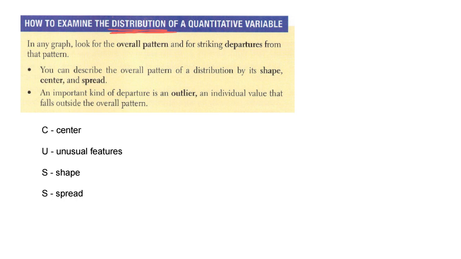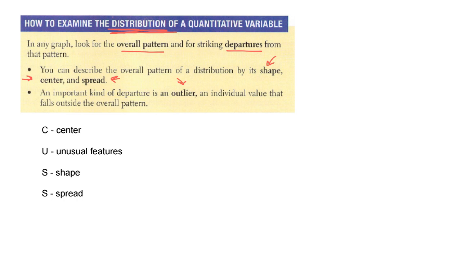So for categorical data, we looked at marginal distributions and conditional distributions. For quantitative data, we're going to be looking for, like we did before, patterns and large things that depart from that particular pattern. And basically, when you are asked to describe a quantitative variable, you're going to want to address shape, center, and spread, as well as anything that would be considered possibly an outlier.